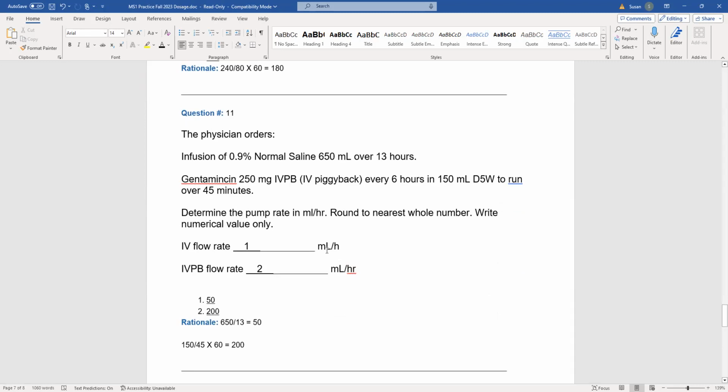Can you go over that, please? Sure. First we have a main IV and it's 650 mLs going over 13 hours. Then we have our second IV, which is 150 mLs over 45 minutes. That's our piggyback.